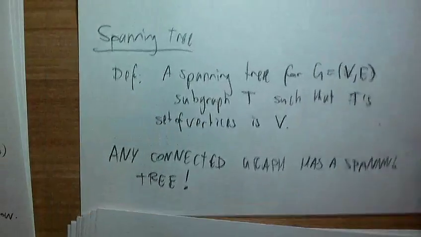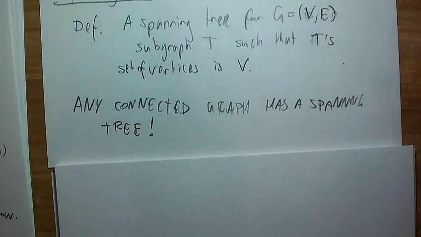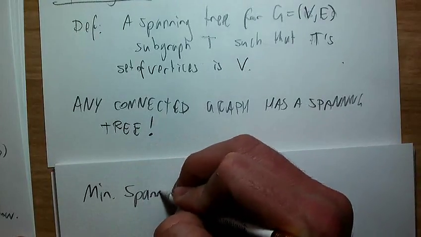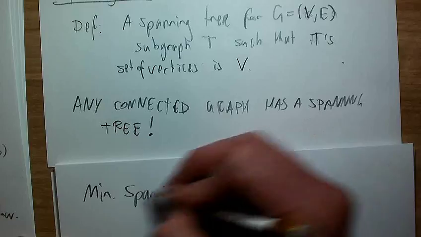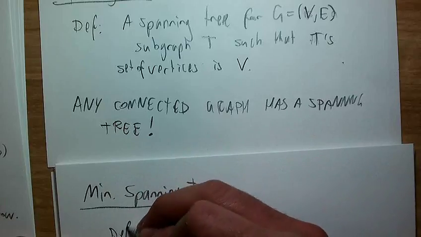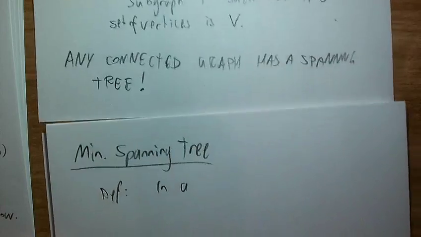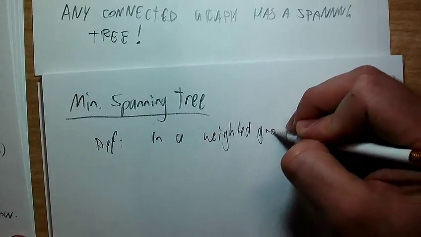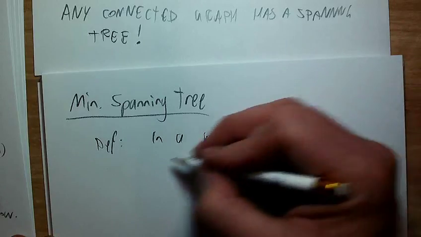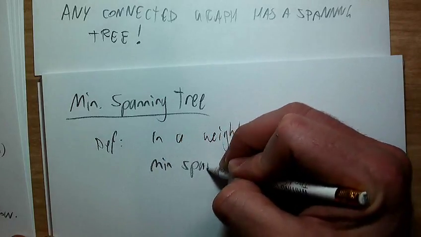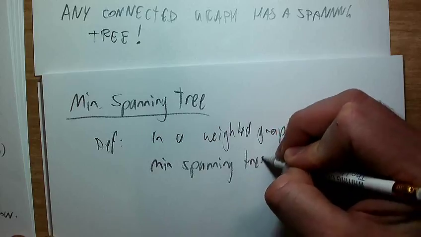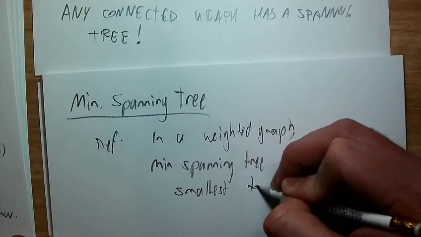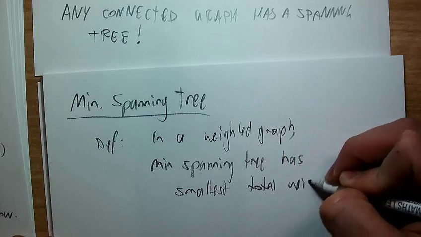And then there's a minimum spanning tree, which is the spanning tree with the least weight. In a weighted graph, the minimum spanning tree has the smallest total weight.